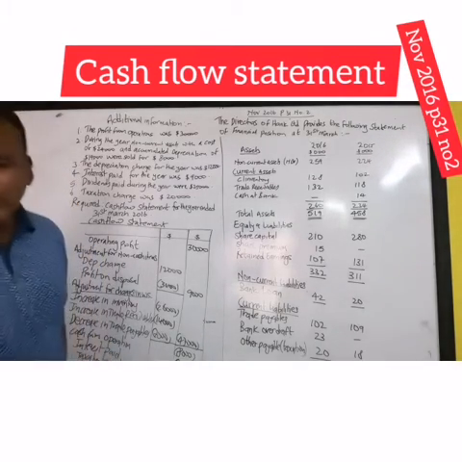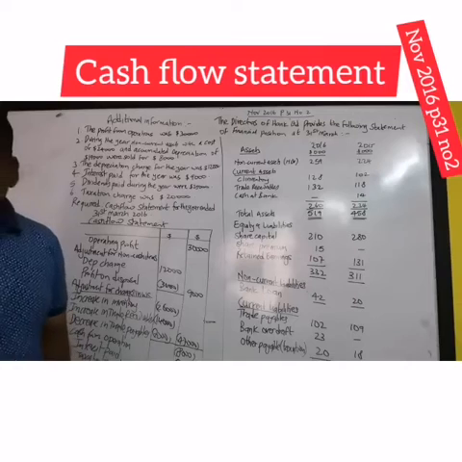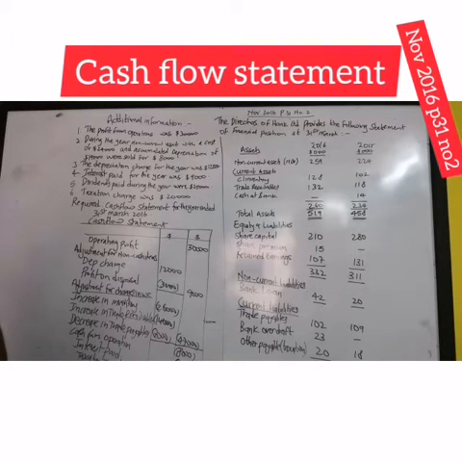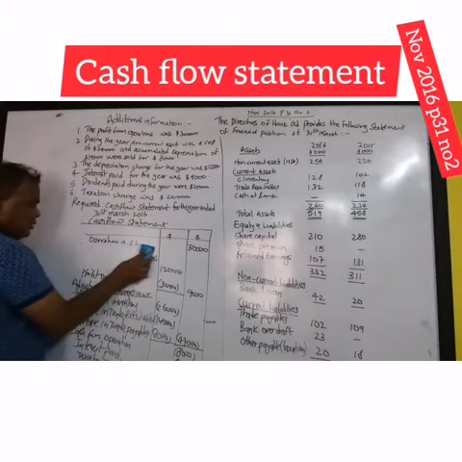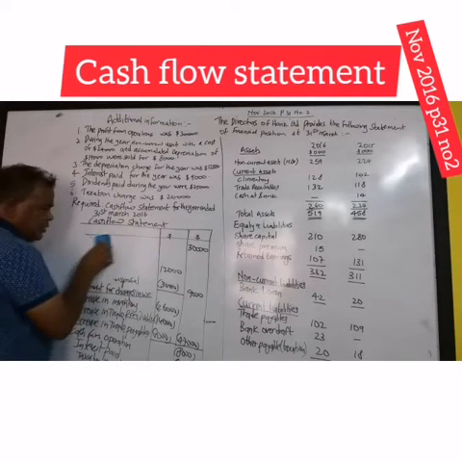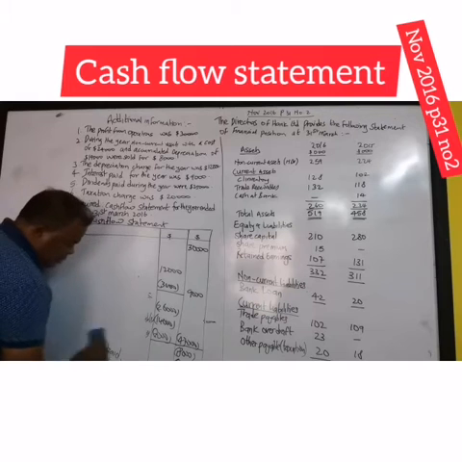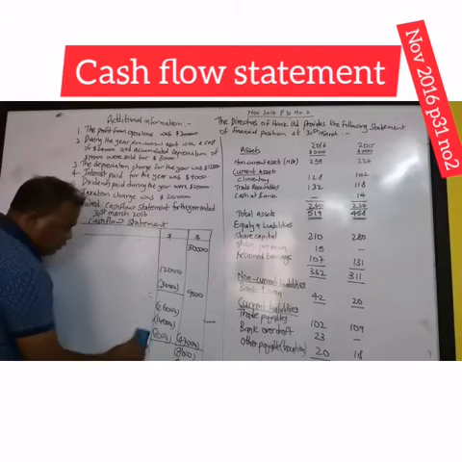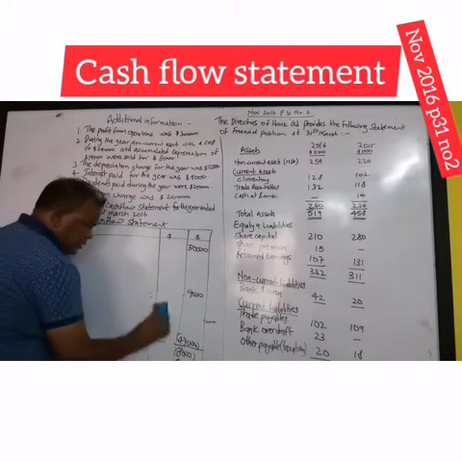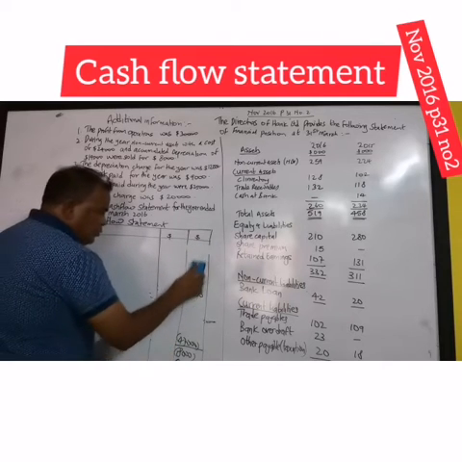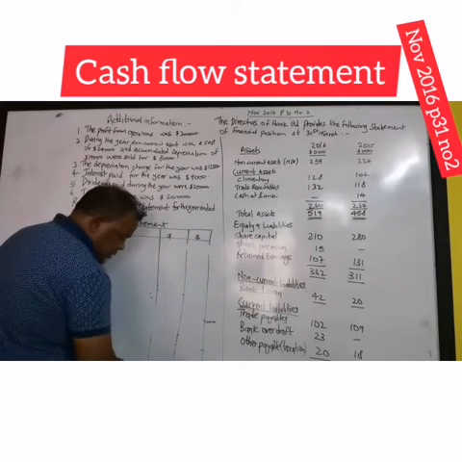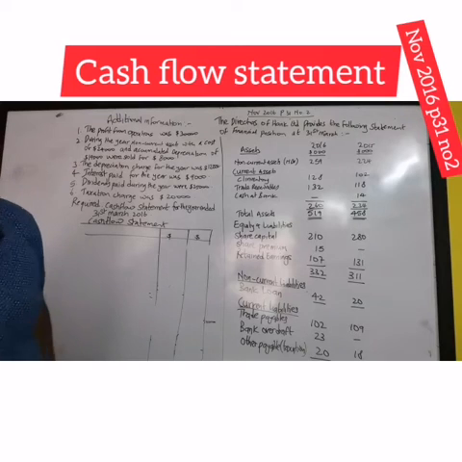And then we will continue in the cash flow statement. We will have investing activities. We will start with net cash outflow from operating activities. I will copy it again.